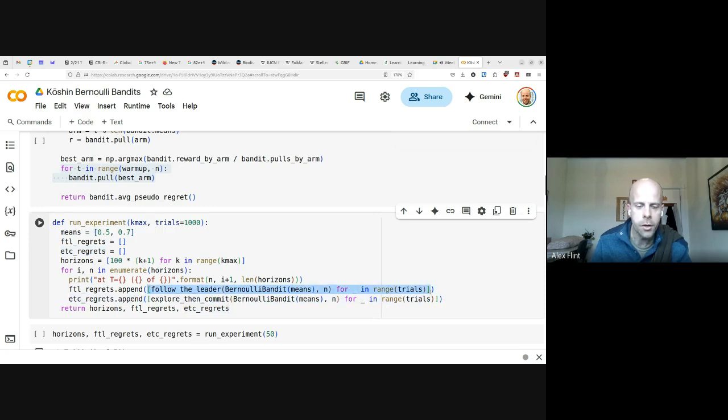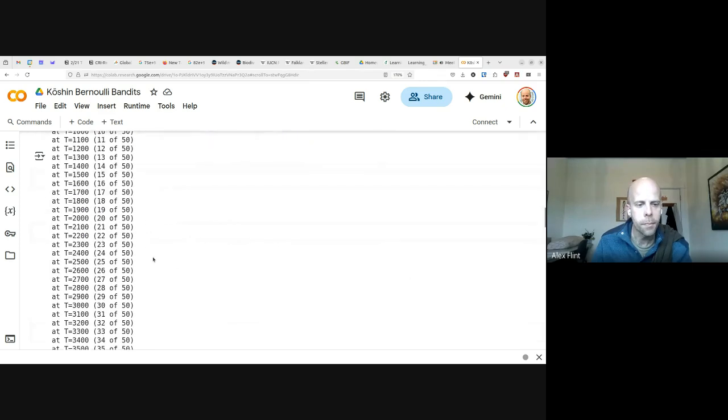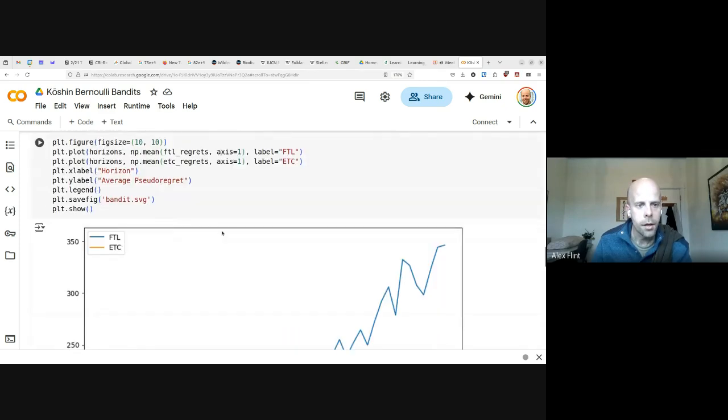I don't know how familiar everyone is with Python, but you can just run the desired number of trials in this way. And then you run it, and I put the plotting stuff into a separate block just so that I could rerun it without having to rerun all of the trials that take a while.